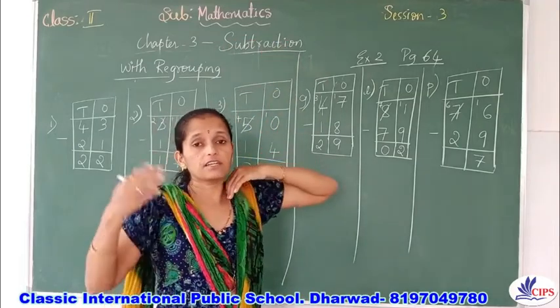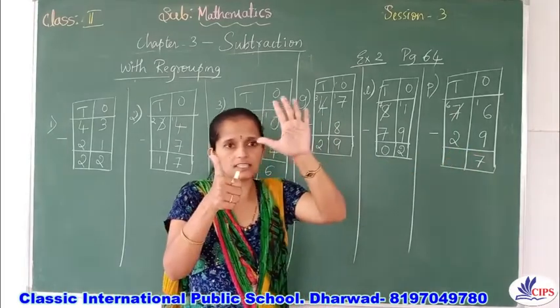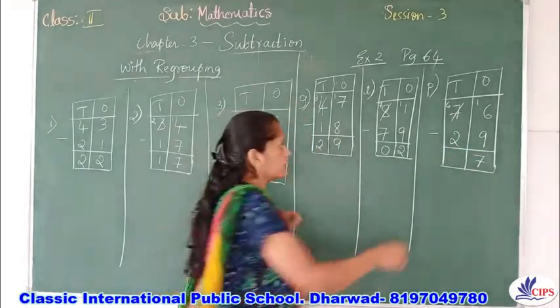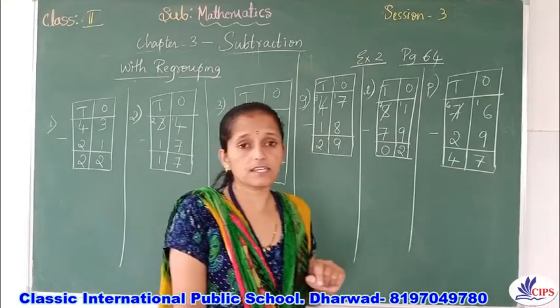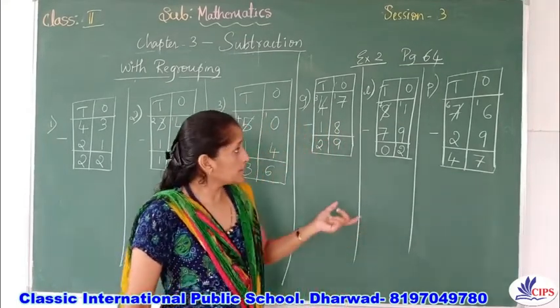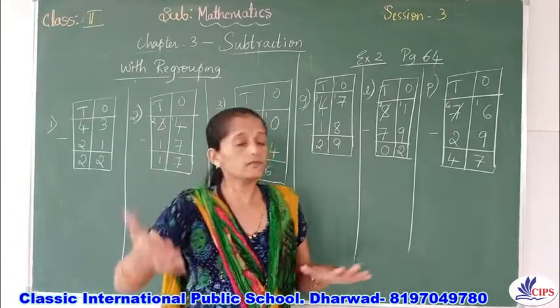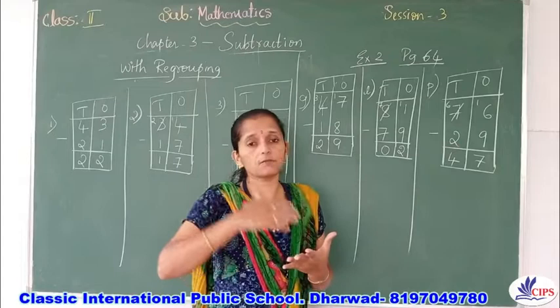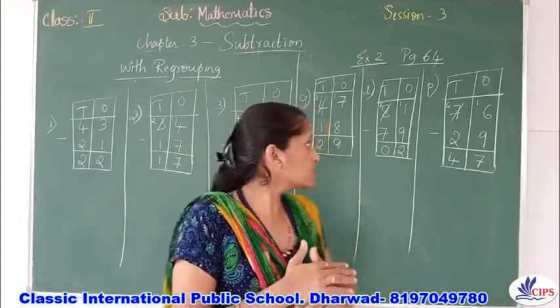It will not happen anywhere else, only here. 6 minus 2, it is 4. So please be very careful, children, how to do subtraction with regrouping. If it is 16, 15, whatever number above 10, you have to be very careful how to do backward counting. That's most important.